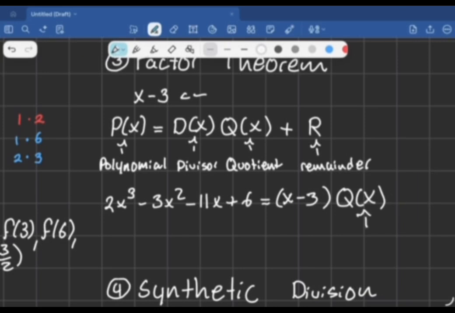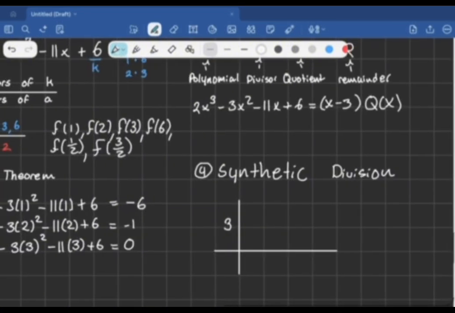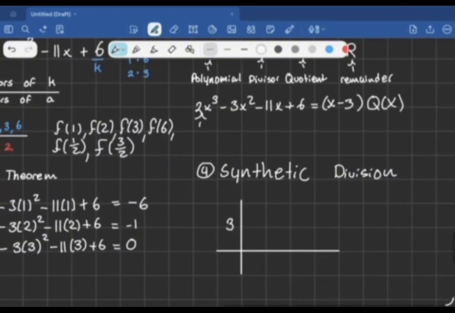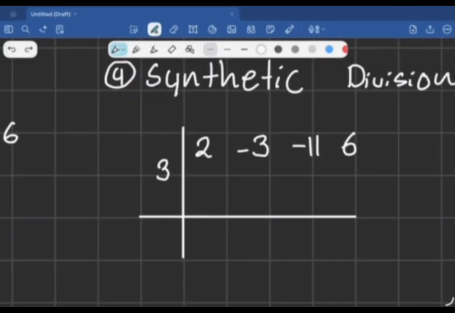So to find our quotient, we must use synthetic division in our leading coefficients of each number here. So if you recall, this number comes from the root of our factor, which would just be positive 3.